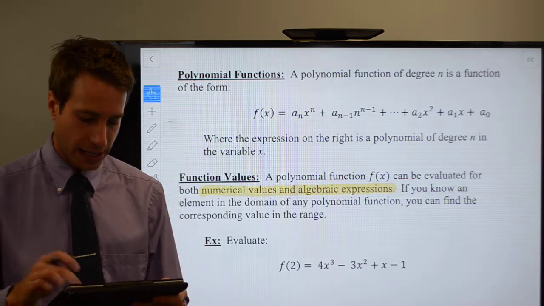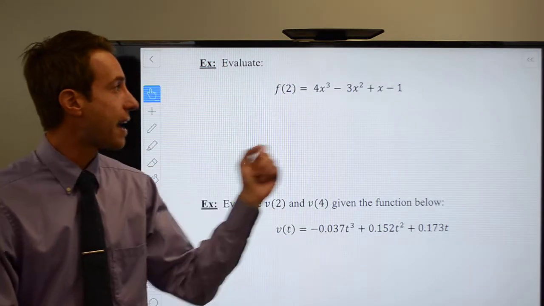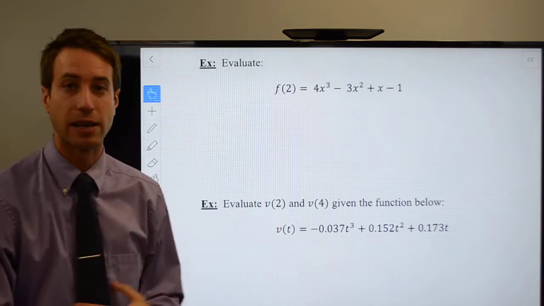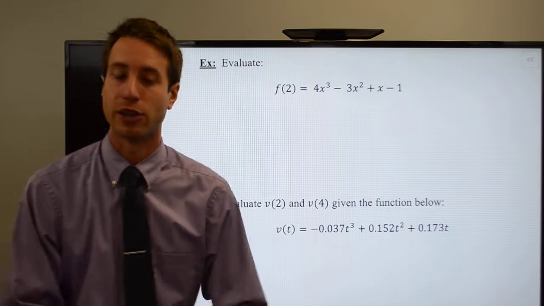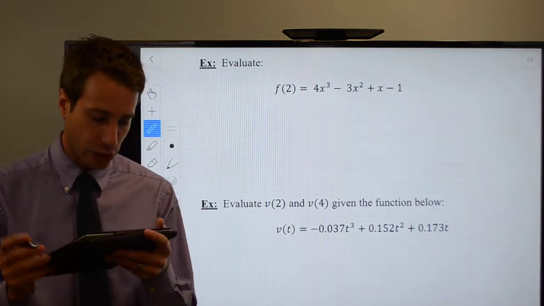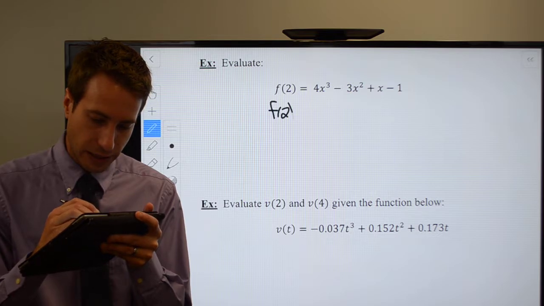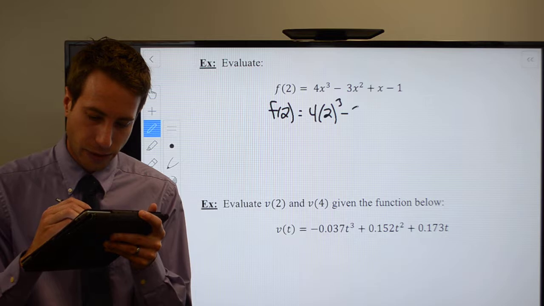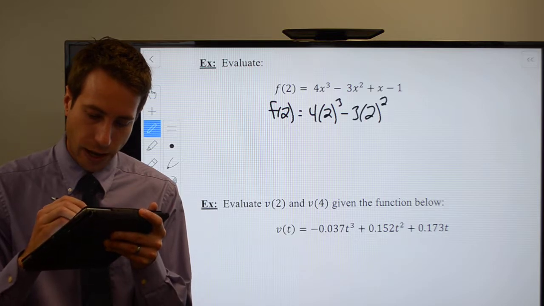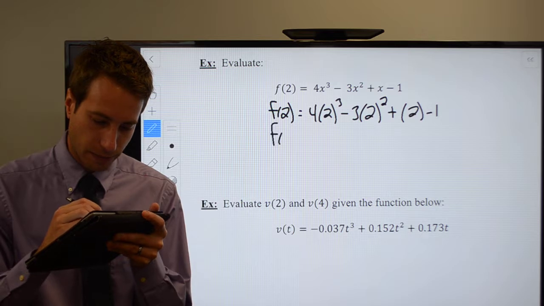Here we go. Let's try a couple of these. So what I'm going to ask you to do first off is I want you to evaluate this polynomial given that domain value. You're going to plug in a 2 everywhere you have an x. So let's go ahead and do that. That means that f of 2 is equal to 4 times 2 cubed minus 3 times 2 squared plus 2 minus 1.